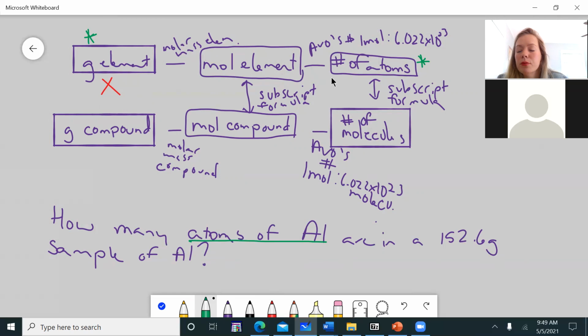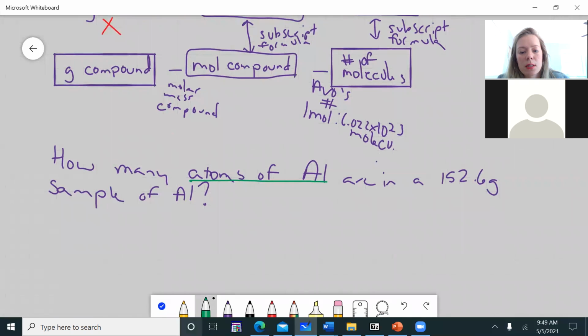So I'm going to start here and I'm going to hop 2 hops to get over to my final destination. I'm going to write my given just to make sure it's all nice and clean. So given information is 152.6 grams of aluminum. And I'm trying to find aluminum atoms.